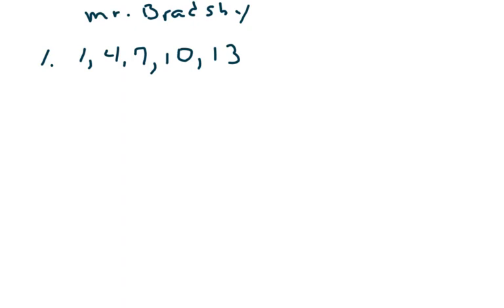What we want to do is see if we can see a relationship. Okay? What's the difference between 1 and 4? Well, to get from 1 to 4, I add 3. To get from 4 to 7, I add 3. To get from 7 to 10, I add 3.